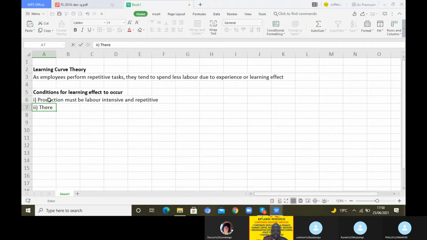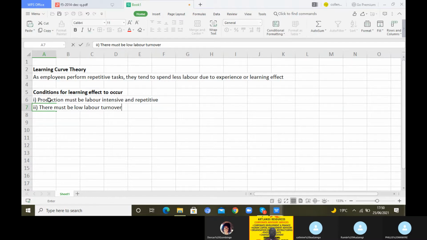Another, number two: there must be low labor turnover. You agree with me that if there's a high labor turnover, it means you are being forced to hire new employees over and over again.